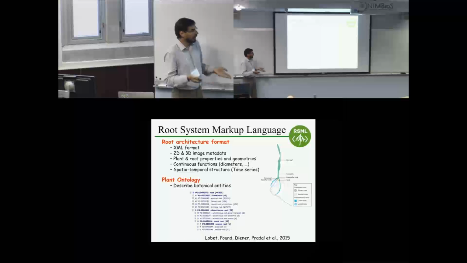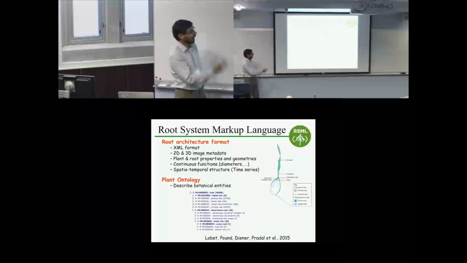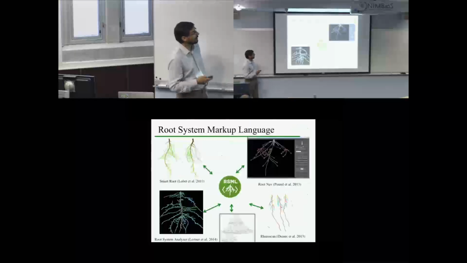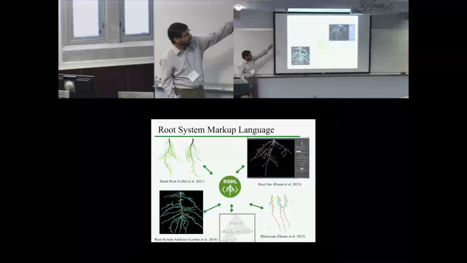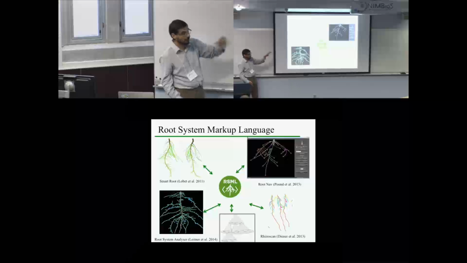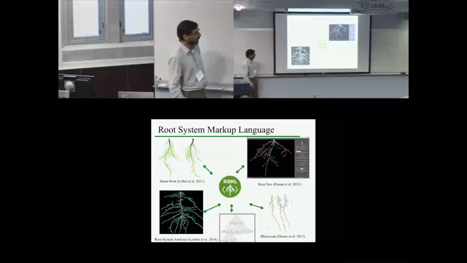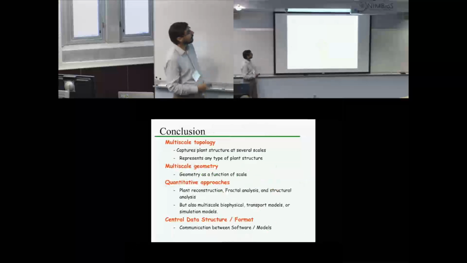So it's a kind of standard to exchange data between software for acquiring and also computing things on plant root system architecture. And this format has been used to exchange data between different software, compare the results, and do some kind of benchmarking.